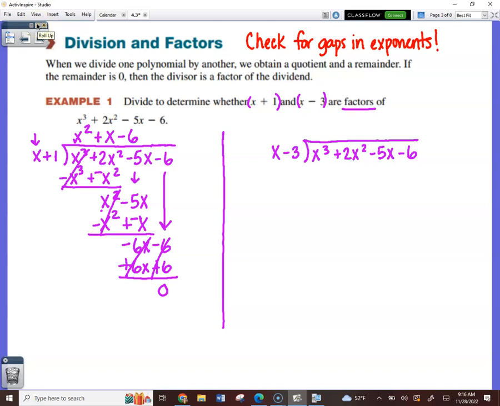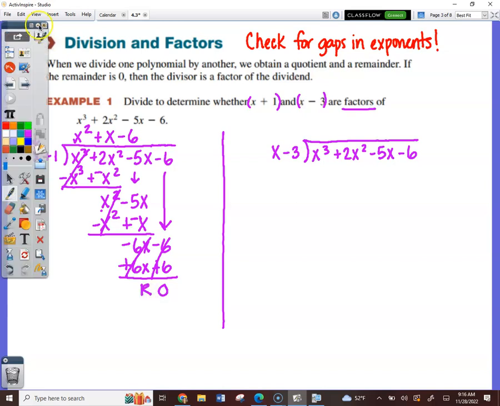So we have some little notes to take here. At the very end, when you brought that last one down, you went through the last step, there was nothing left. This is your remainder. I'm putting an R here. If you want me to put the R on the other side of it, doesn't matter. 0 remainder.